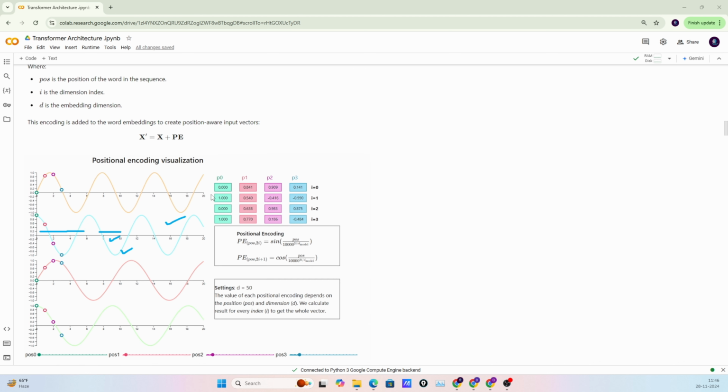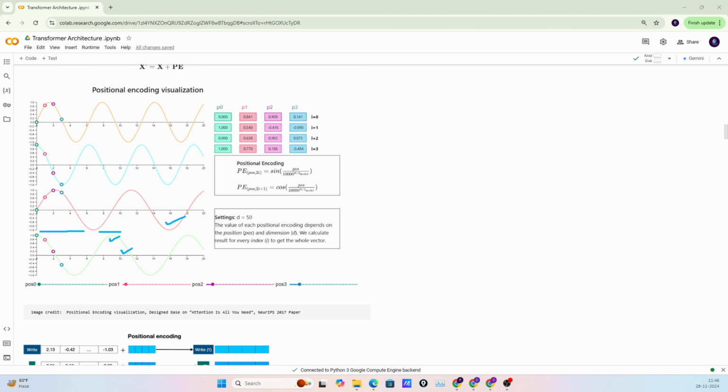Let me explain with the help of a diagram. These are the sine and cosine waves. This green line is for the word at position 0, this red line is for position 1, this purple line is for position 2, and this one is for position 3.